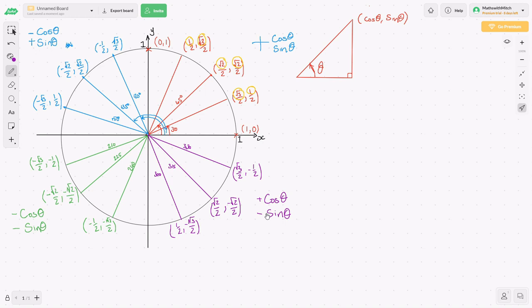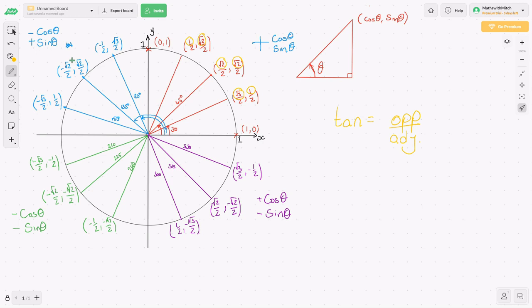So the final thing we can think about is the tan function. So tan, is that going to be positive or negative in each quadrant? So let's remind ourselves, tan is opposite over adjacent.